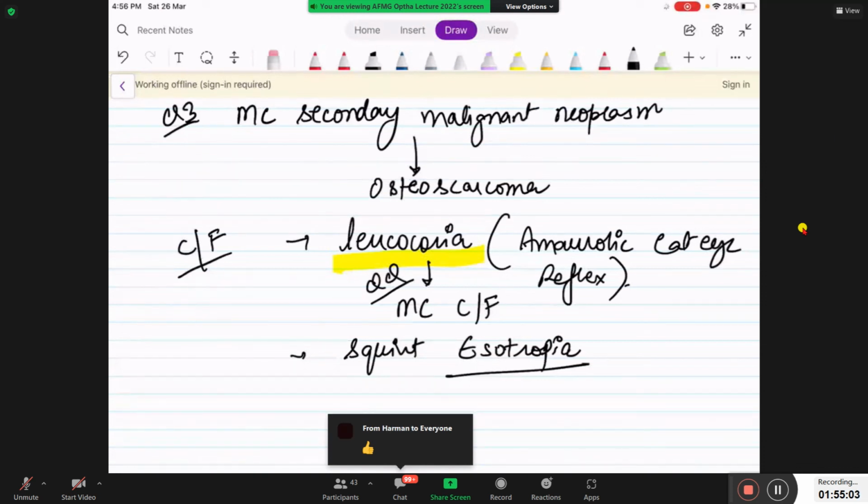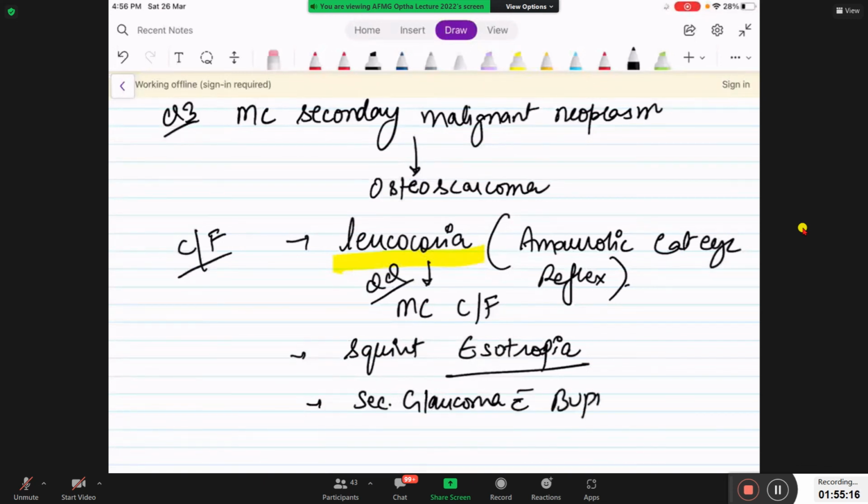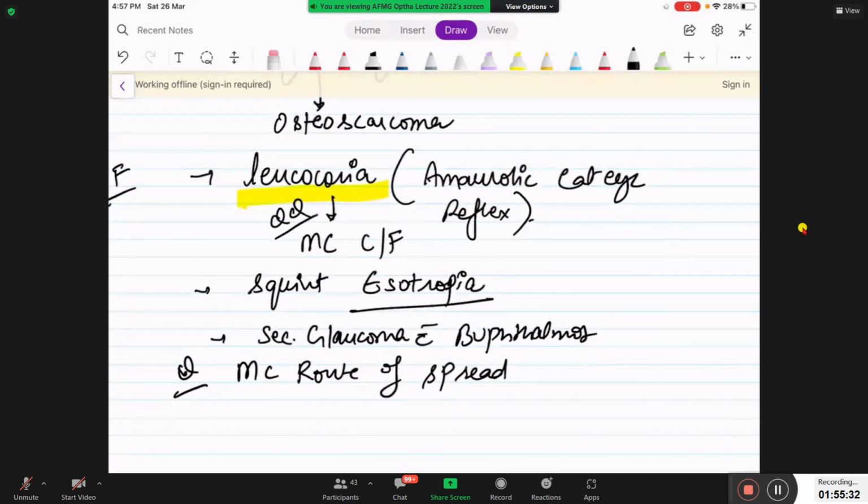Okay. So patient will have leukocoria, patient will have esotropia, patient will have secondary glaucoma with buphthalmos. Important question, write down. The most common route of spread, which we have discussed this line before. Most common route of spread is through optic nerve.